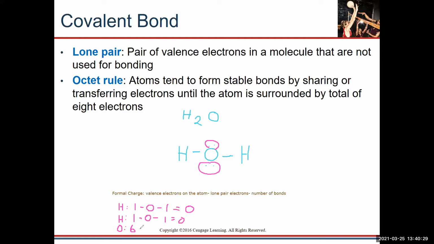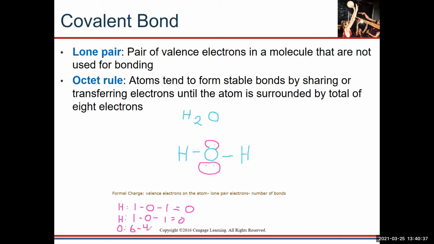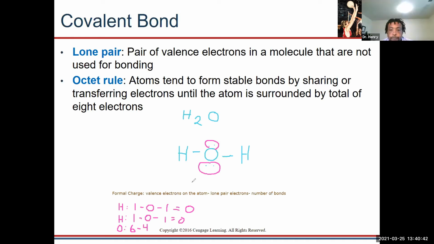How many lone pair electrons? 4. That's why it's important that you understand the definition. And how many bonds does it have? 2. If we add this up, that should equal 0.